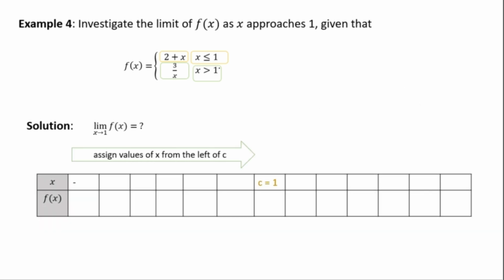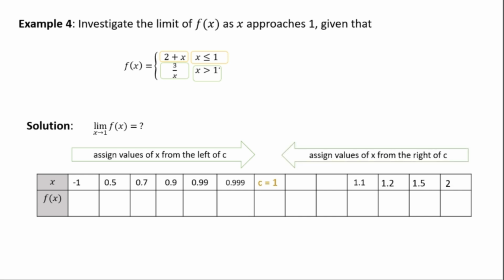First, the table and the assignment of values. Second, compute for the f of x on each of these assigned values of x. And yeah, looking at these values, we can say that either sides are approaching what number?